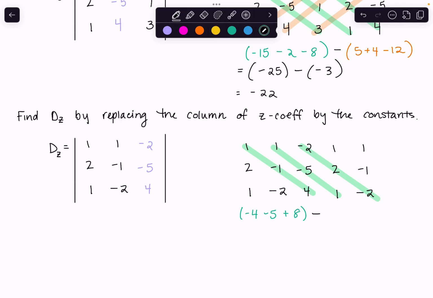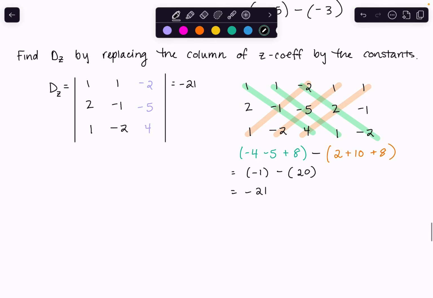Then we subtract. Starting with these, that will be +2, +10, and +8. Okay. So adding those together, it's -9 plus 8, -1, and then that becomes -20. So this determinant is -21. Okay.